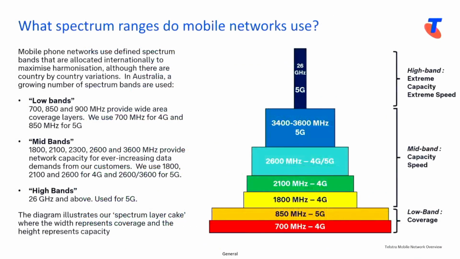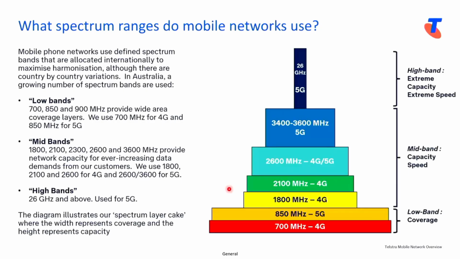For us, this is how many of our sites are made up. And we don't have all carriers everywhere, but usually we have 700 megahertz and 850 megahertz cells, which we're now using for 4G and 5G. We used to use it for 2G and 3G, and the spectrum's transitioned and reused. So this provides our coverage, low band coverage, and then as we go up, more and more capacity.